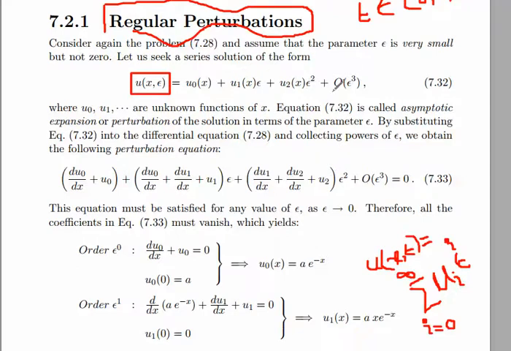This equation 7.32 is called the asymptotic expansion or perturbation of the solution in terms of the parameter epsilon. So this is exactly the asymptotic expansion or series expansion of the unknown function in terms of epsilon.